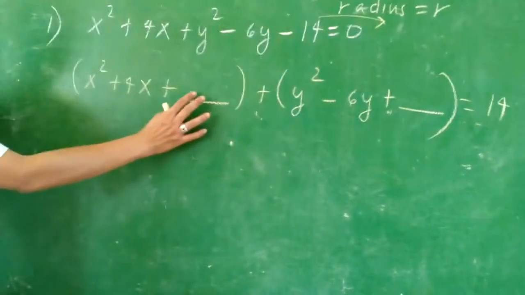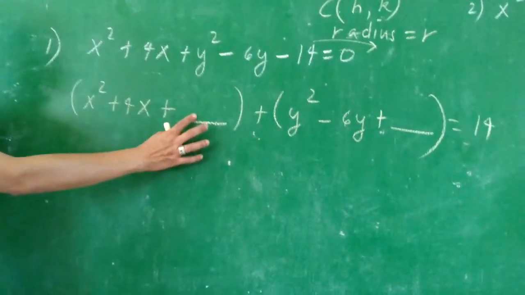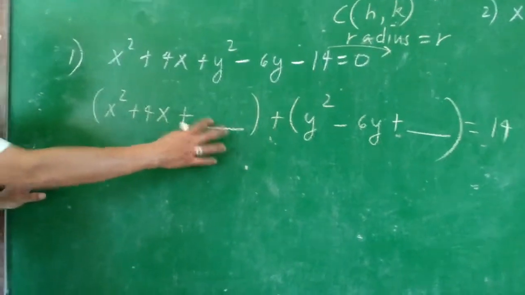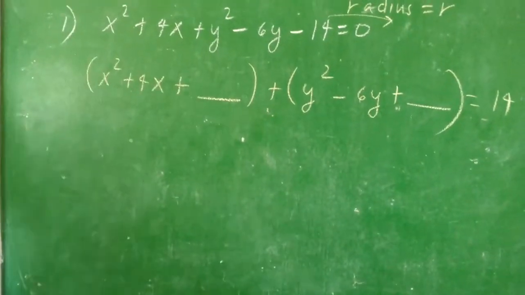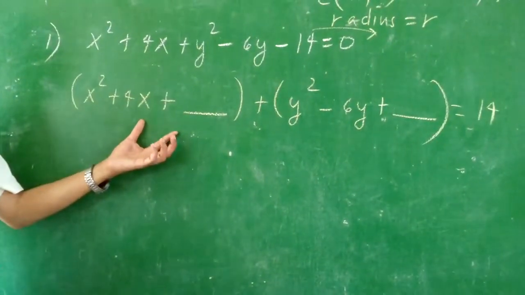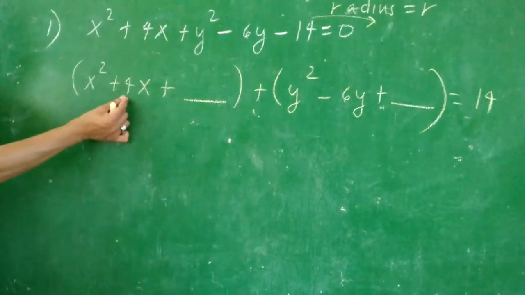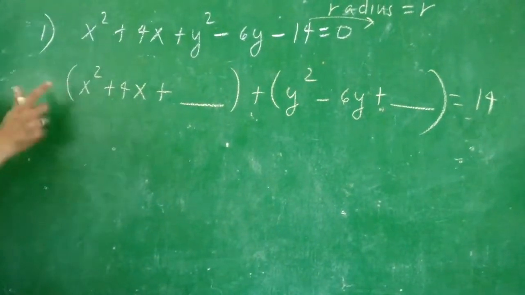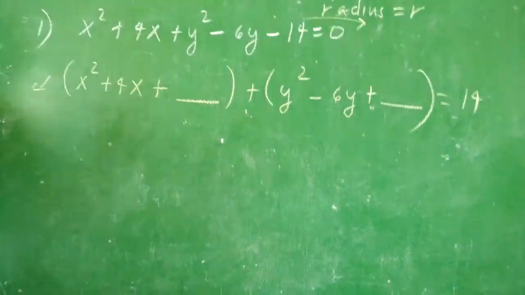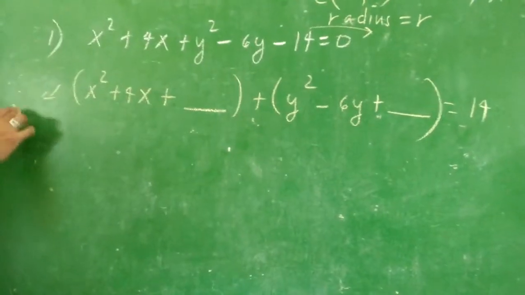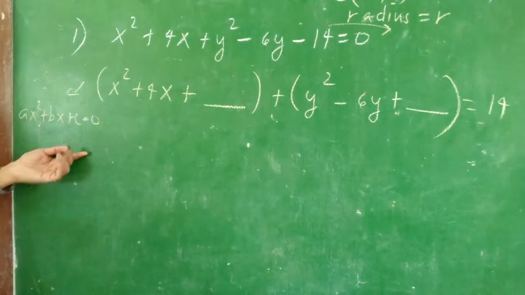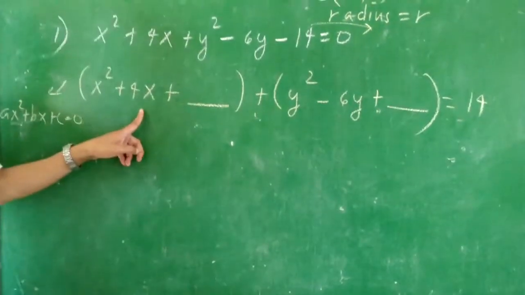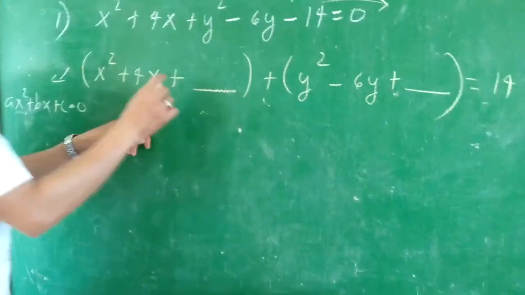Now, how are we going to get the constant or the last term in order to have a complete square or perfect square trinomial? We get the 1/2 of the coefficient of b. Remember that this is written in the form of ax squared plus bx plus c is equal to 0. So 1/2 of b, which is 4, will be equal to 2.